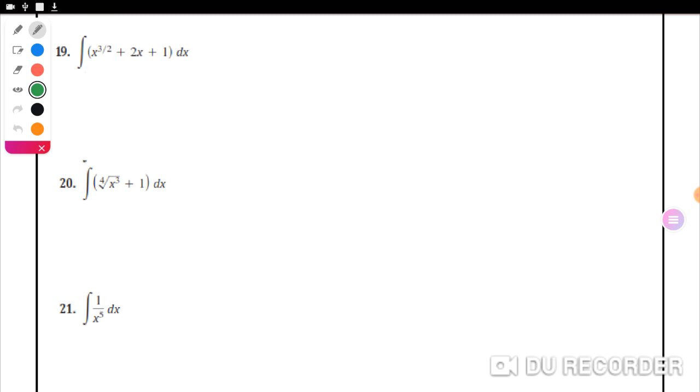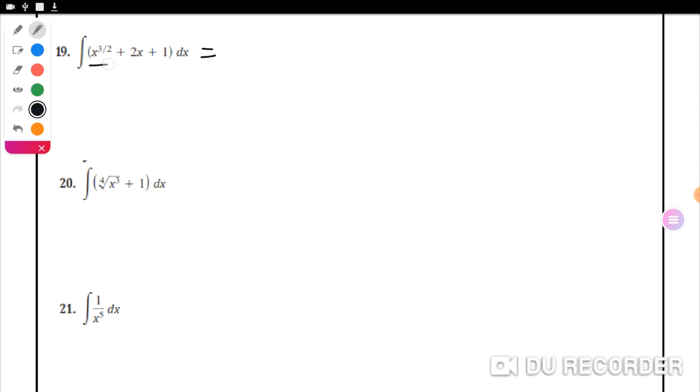In these examples 19, 20, 21, we sometimes need to rewrite the function to be ready for integration, as in 20 and 21. But in 19 I don't need to.